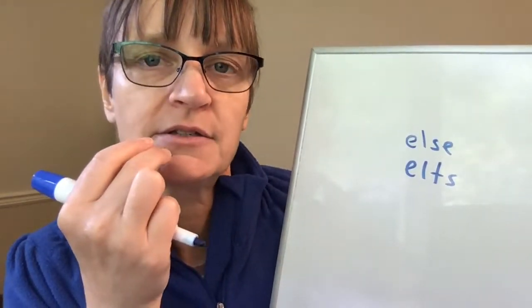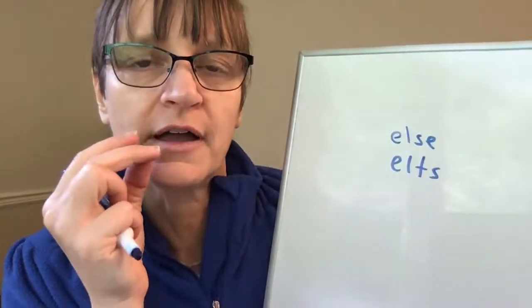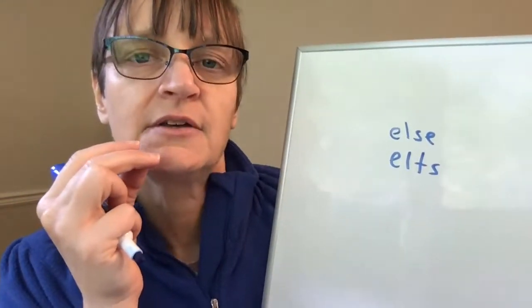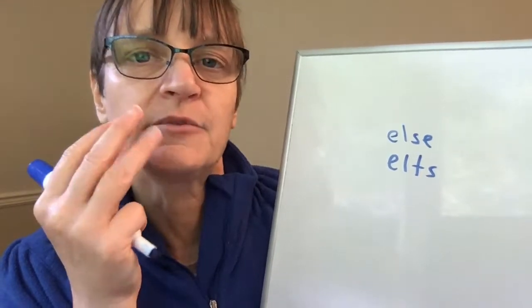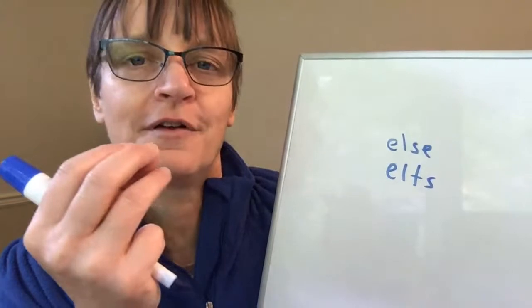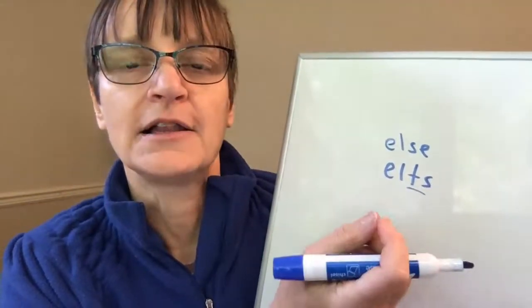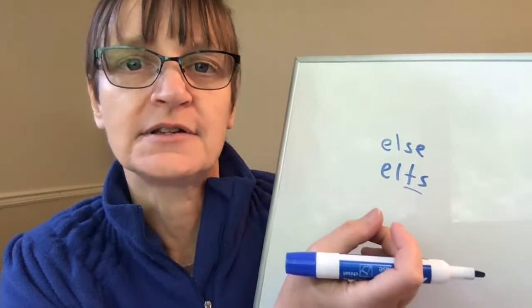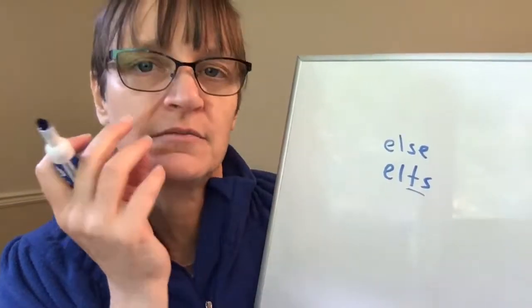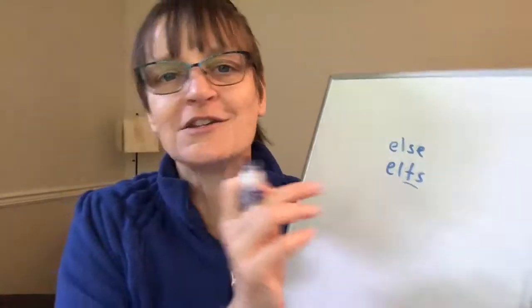It's not always easy to smoothly go from the dark L to the S, something else. So it's really just a product of the sounds in the mouth. I don't think they're intentionally making a clear T. It doesn't sound like something else with a strong T sound, but it's just because of the way the tongue is moving between those two sounds.